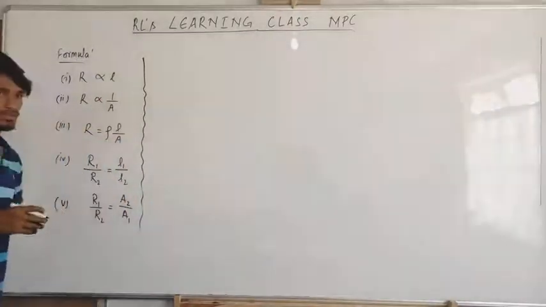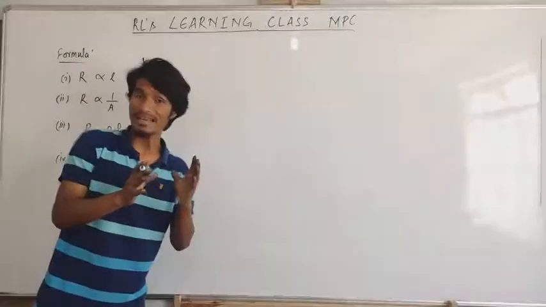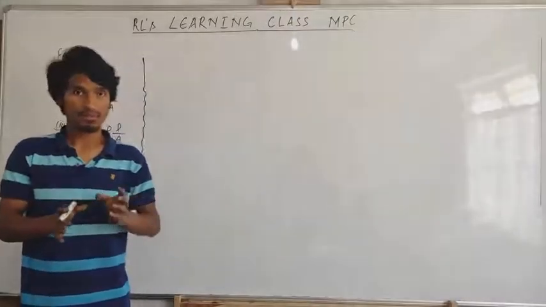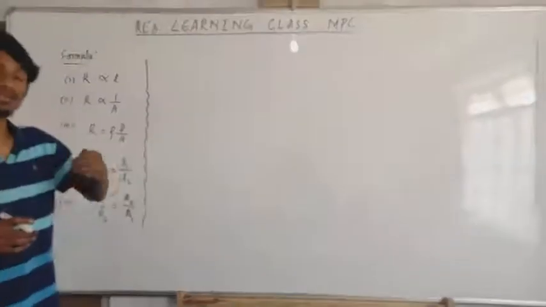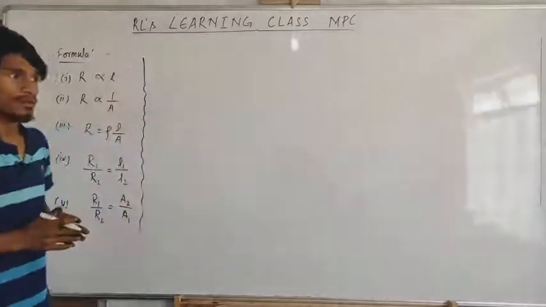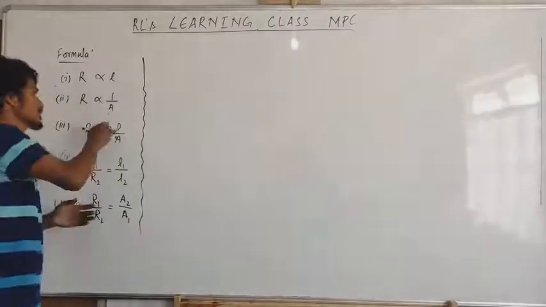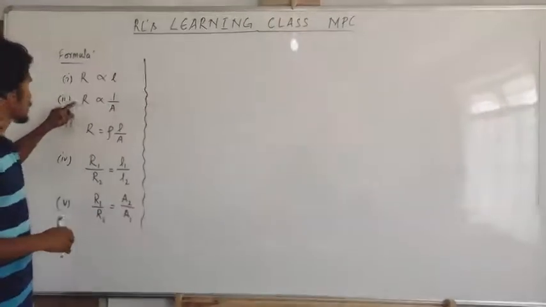But please remember. If I ask, if the length of the conductor is increasing, what happens to electrical resistance? Electrical resistance will also increase. Now if I ask, if the area of cross section of the conductor is increasing, what happens to electrical resistance?